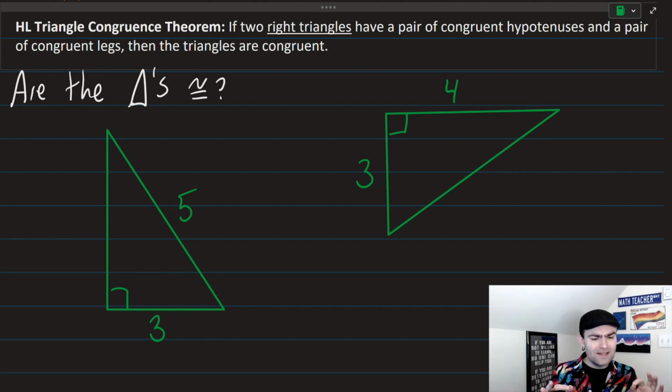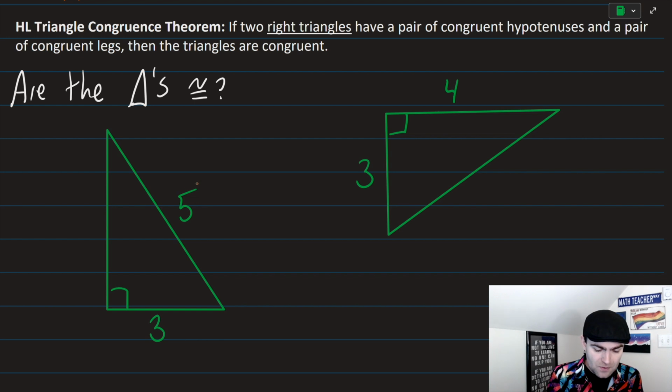And how you can kind of think of that is you can use the Pythagorean theorem to always find the third side, and the Pythagorean theorem should give you the same answer for both. So if you have congruent hypotenuses, the ones across from the 90, and one congruent leg, then the other leg has to be congruent.